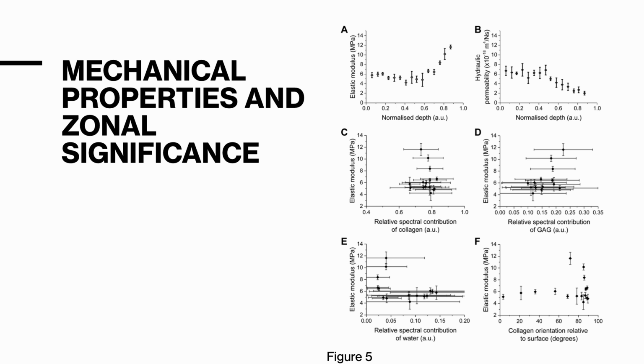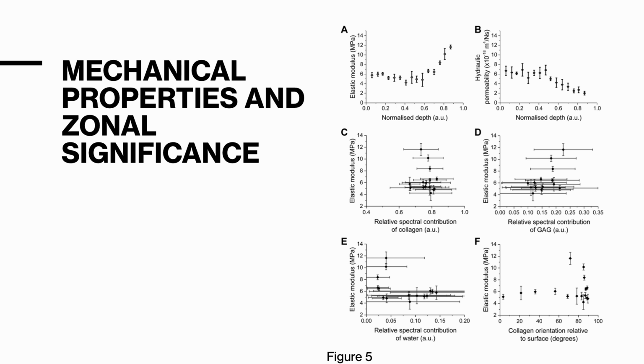This difference implies that water is more easily squeezed out near the superficial zone than in the deeper one, and that the deeper zone must be stiffer to serve as a robust transition region before calcified cartilage. Increasingly, the paper points out that these mechanical patterns did not correlate simply with total collagen or total GAG concentration, as measured by the 1245 or 1410 band intensities.